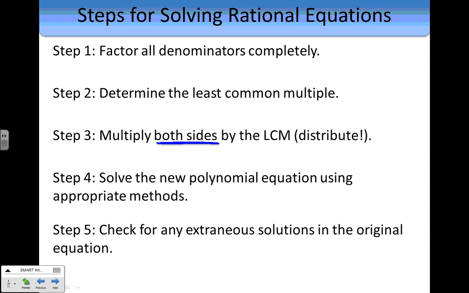And then check for any extraneous solutions. It's possible that there might be solutions that won't work. For example, if anything makes the denominator 0, then that's going to be extraneous, and we can't use that solution. So we always have to check to make sure that our fractions are not being divided by 0.